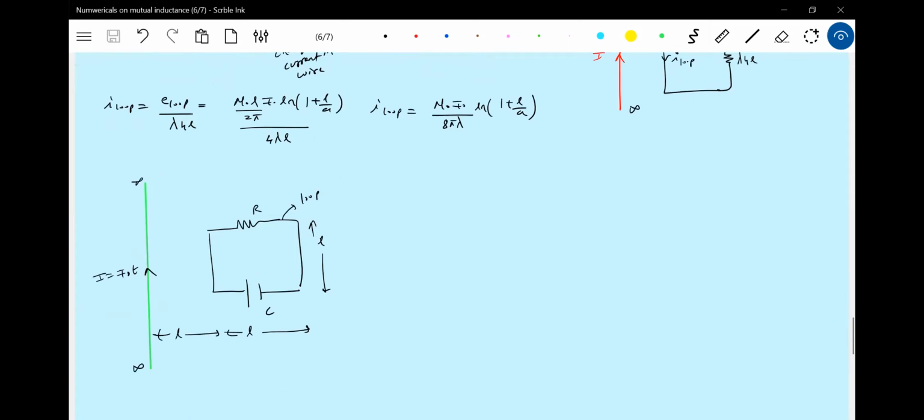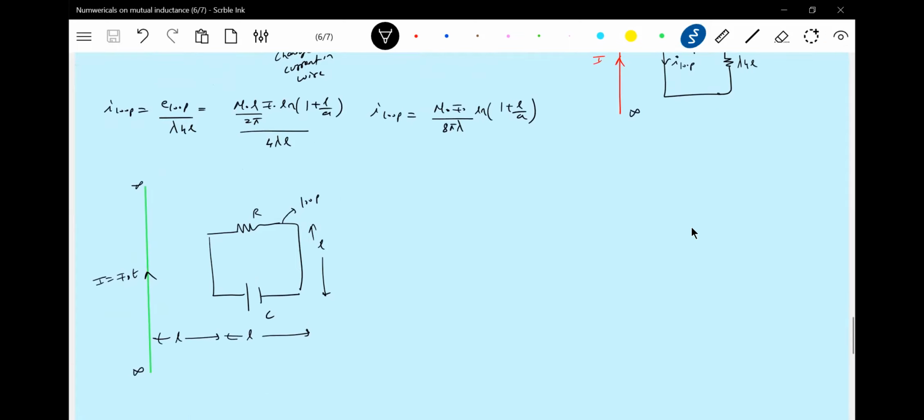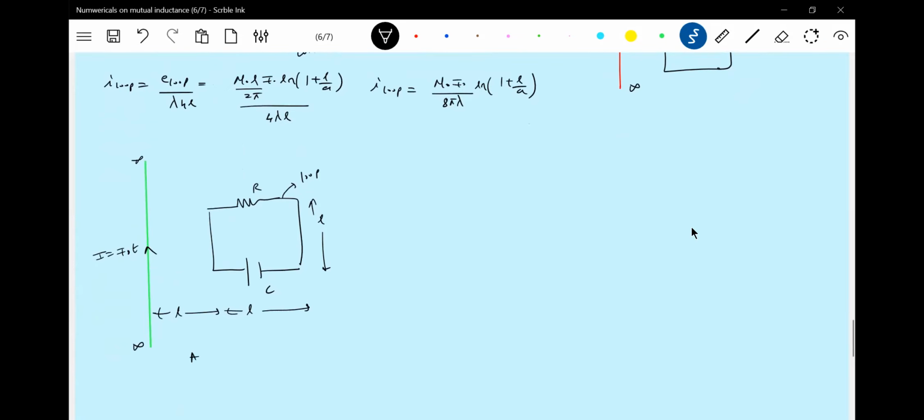So what will the equivalent circuit be? For the equivalent circuit, a loop having a resistor, a loop of side length L, is placed nearby a long wire.